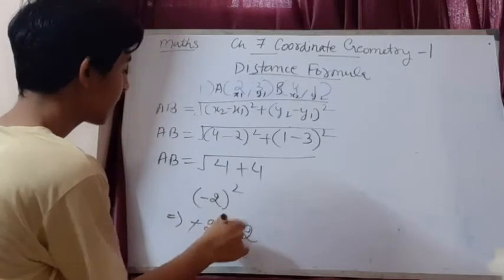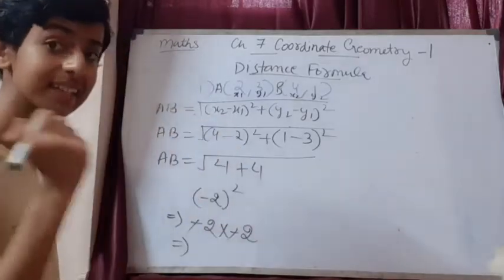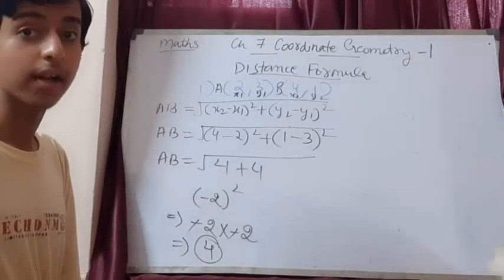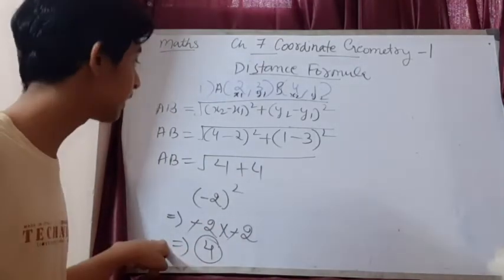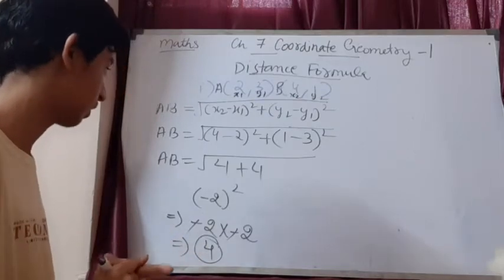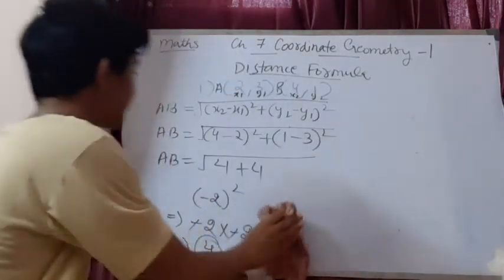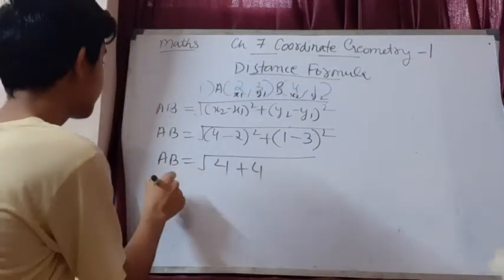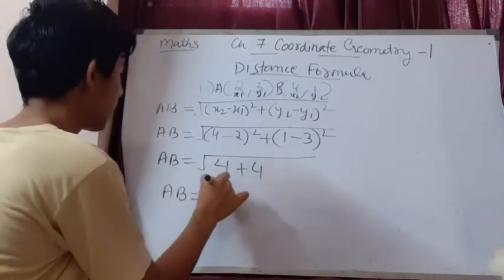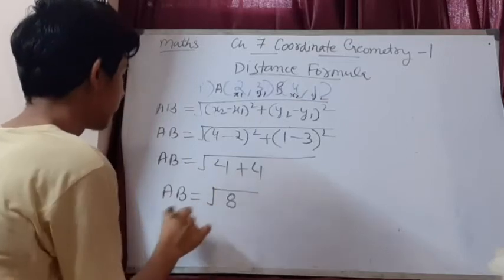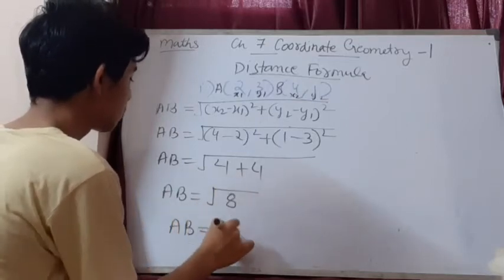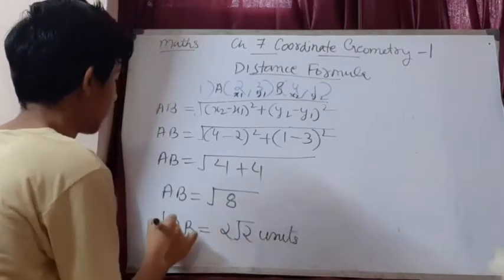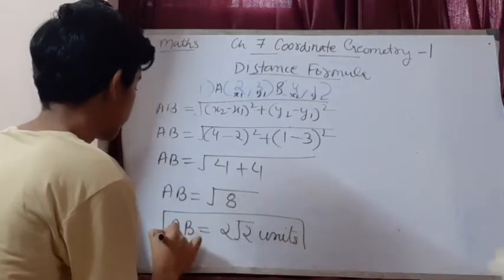So minus minus will get cancelled, and you'll get a positive 4. So now we can find the distance. AB is equal to under root of 8. So AB is equal to 2 root 2 units. This is your answer.